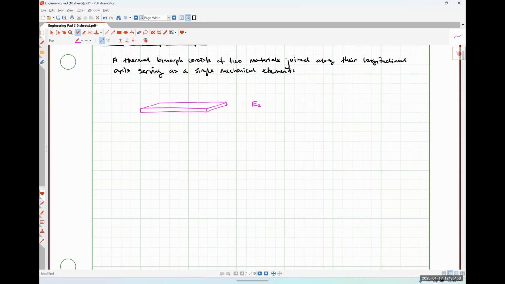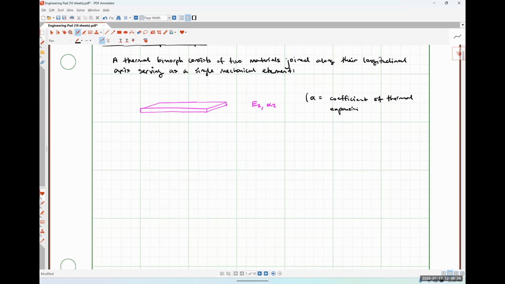This subscript 2 is just because I'm considering this to be material 2. And it will also have its own alpha, where alpha is going to be the coefficient of thermal expansion. Okay. So I'll just make a note over here. Alpha is coefficient of thermal expansion.